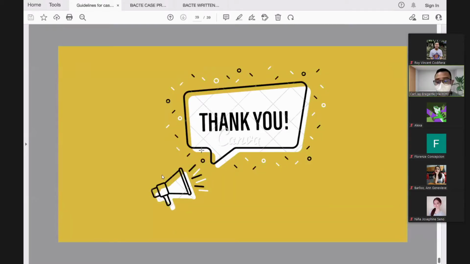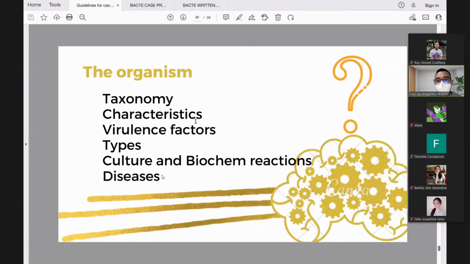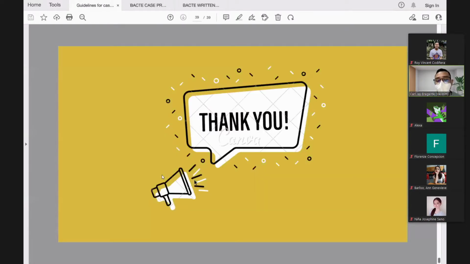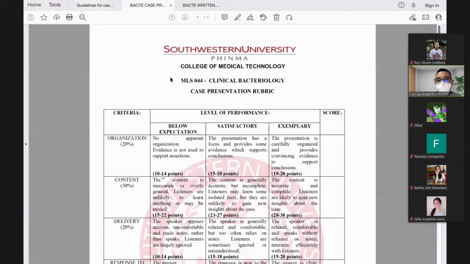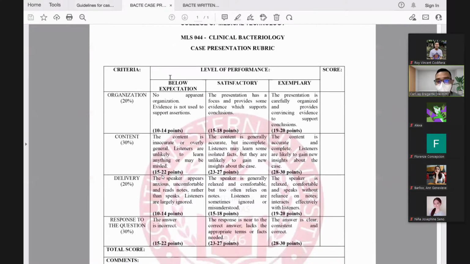So that's it. Again, one slide for this one. You'll end up with slides discussing your organism. Okay, now let's go to your case rubrics. You will be graded according to these rubrics.